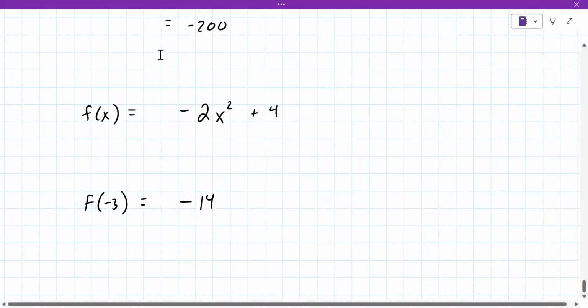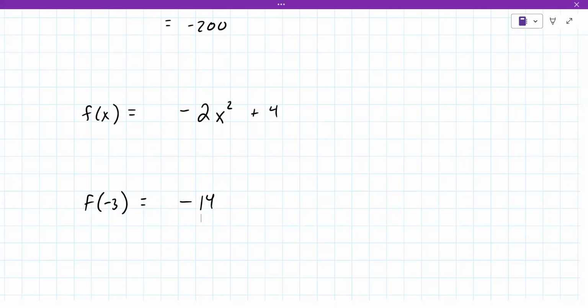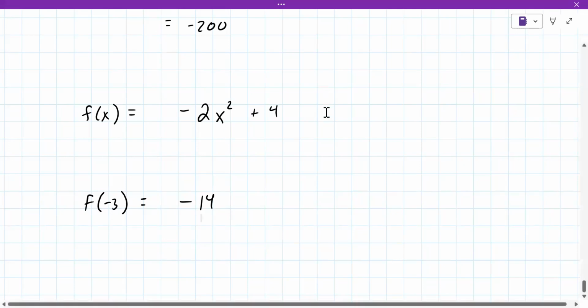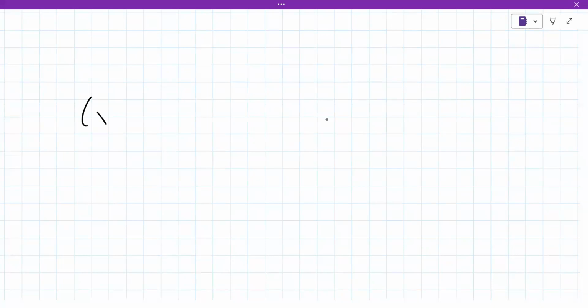Very good. All right, so here's another FOIL problem for you to do: (x minus 1) squared minus (x plus 1)(x minus 1).